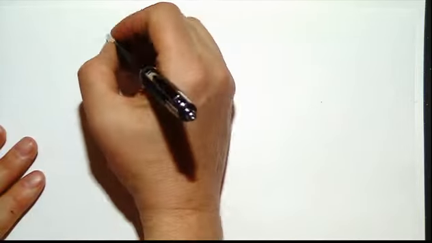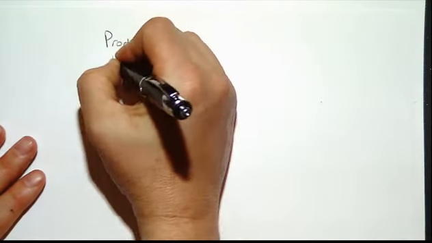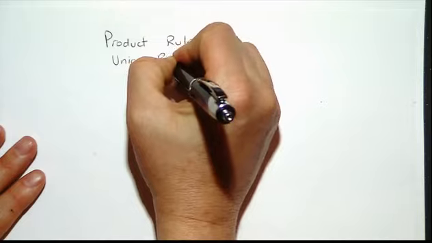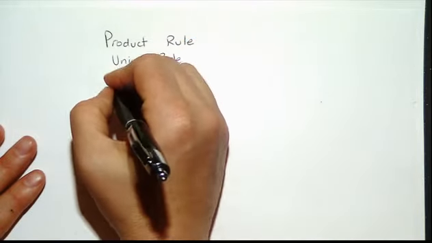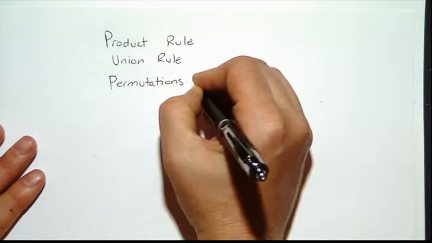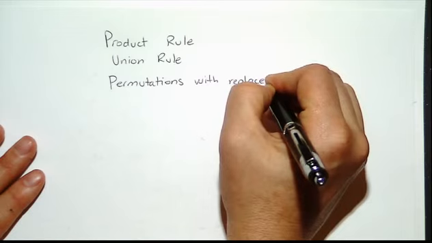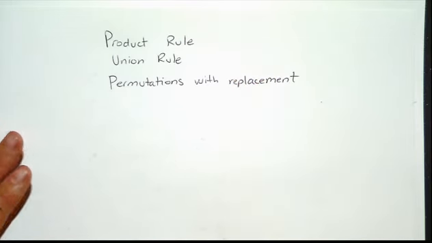Okay, so we've seen a few different formulas so far. We've got the product rule and the union rule. The first problem we did with the license plates where we were allowed to reuse the letters and numbers, and we had 7 of them.